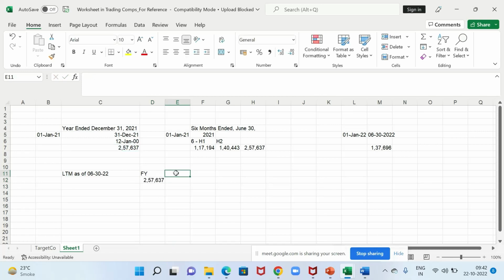Then I have stub one. We call it stub one. Stub one is basically the latest 1H22. Stub minus 1 is 1H21.